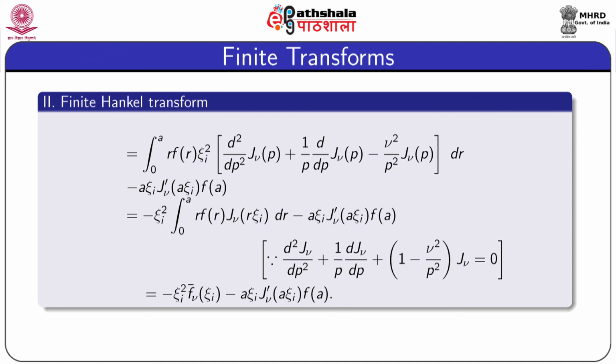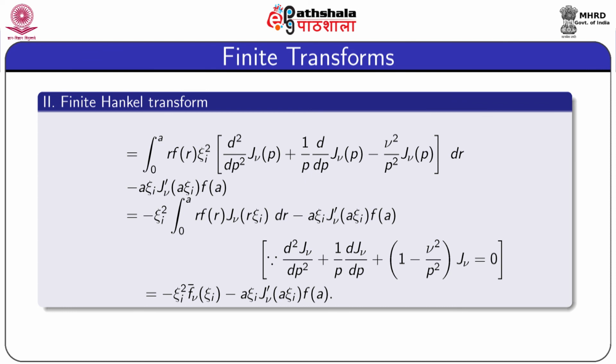Therefore, the value of d2 dp square j nu plus 1 by p ddp of j nu minus mu square by p square j nu is equal to minus j nu. So, in this integral we substitute the value of the expression in the square bracket as minus j nu.